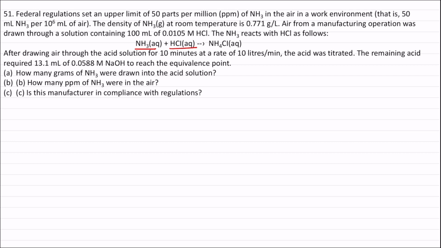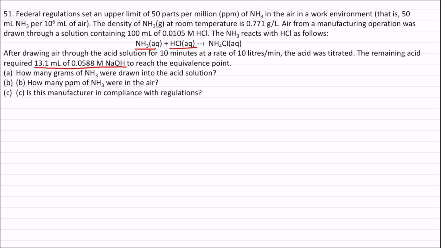Equivalents of HCl left at the end will be equal to equivalents of NaOH. The amount of air drawn through the acid solution in 10 minutes will be 10 into 10, that is 100 liters.